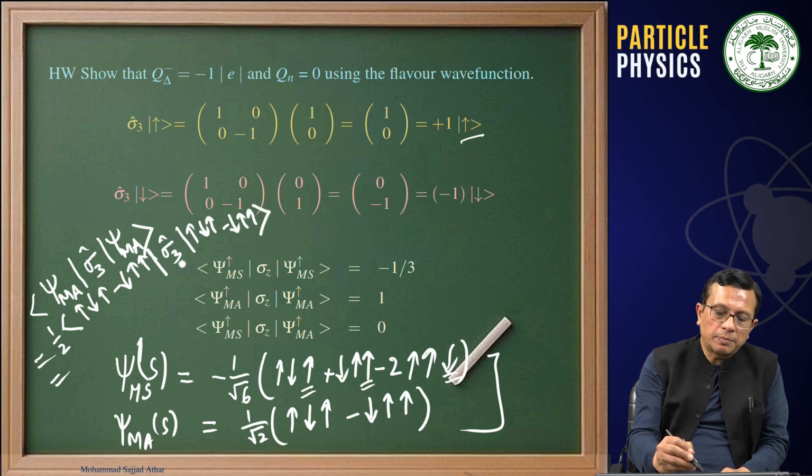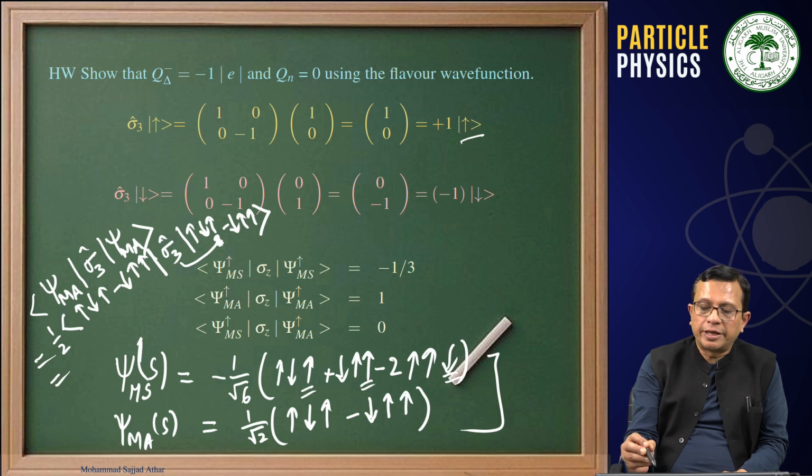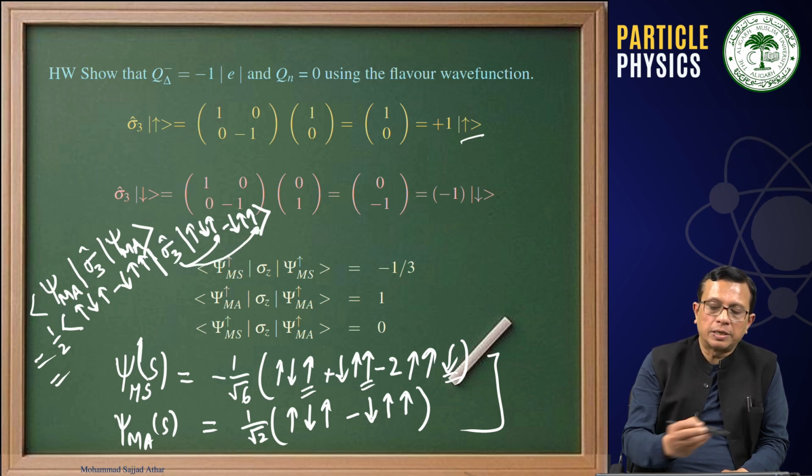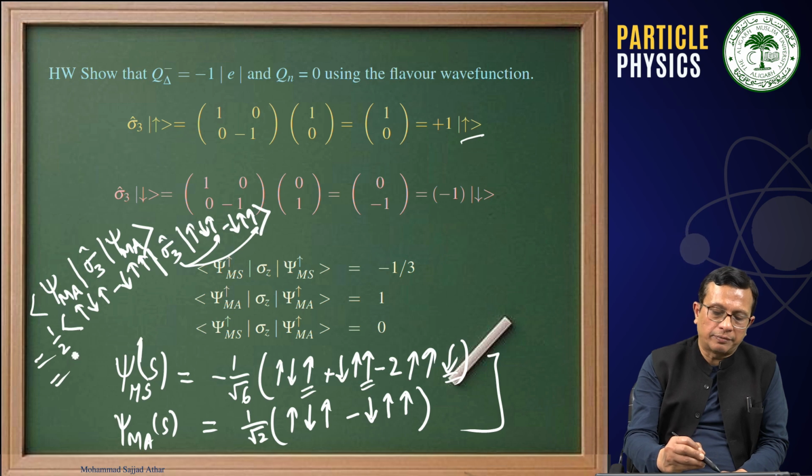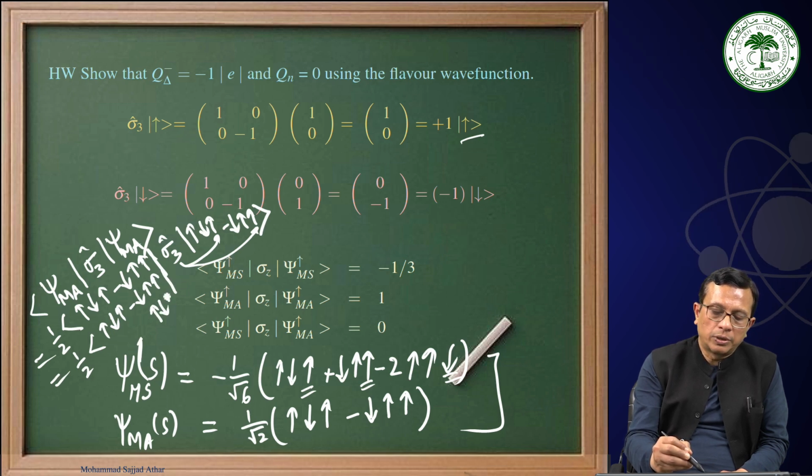Sigma 3 operating on this will give me a plus 1 eigenvalue. Sigma 3 here also will give me plus 1 eigenvalue. Therefore, this will be up, down, up, minus down, up, up, as you can see.